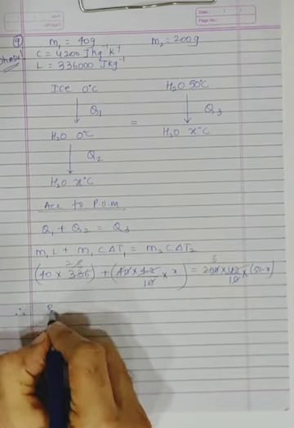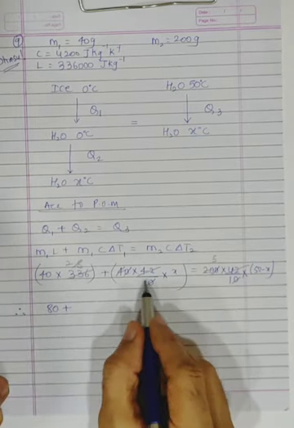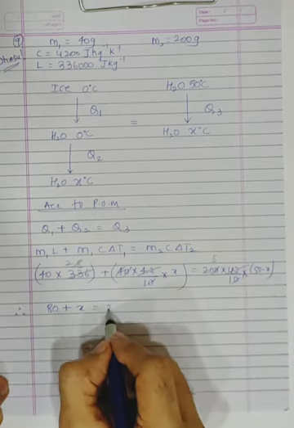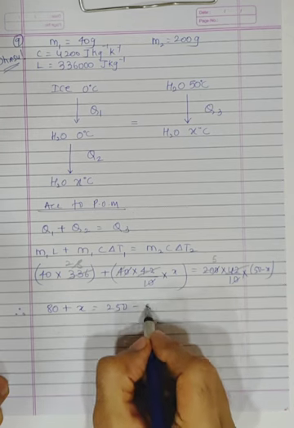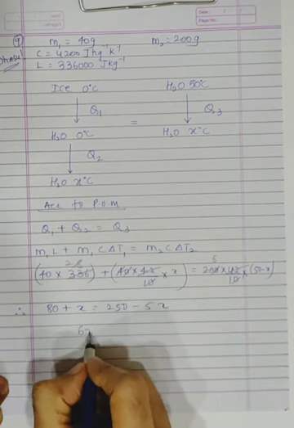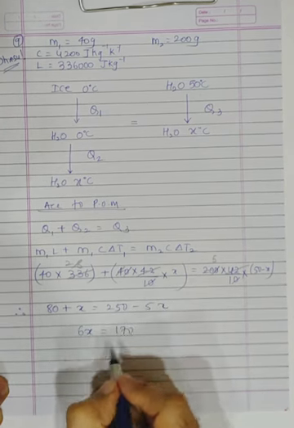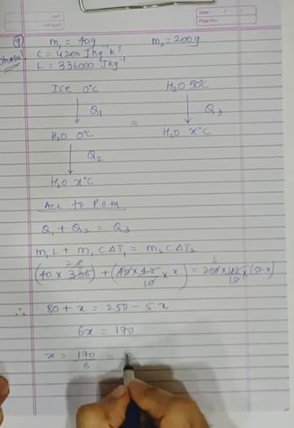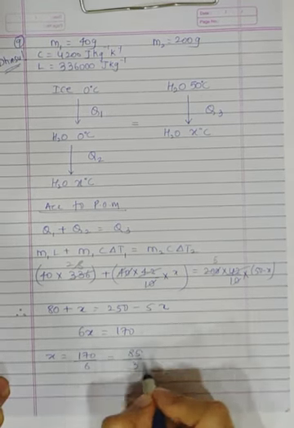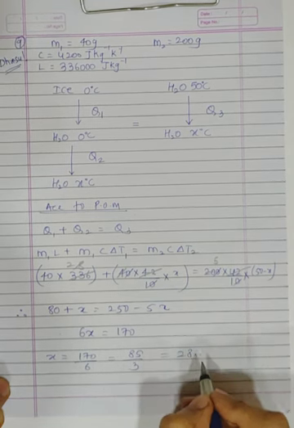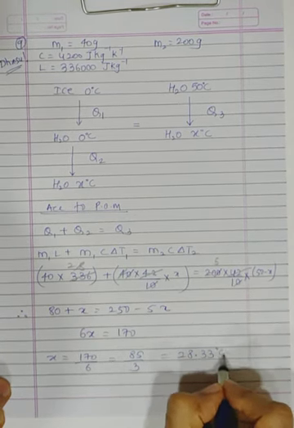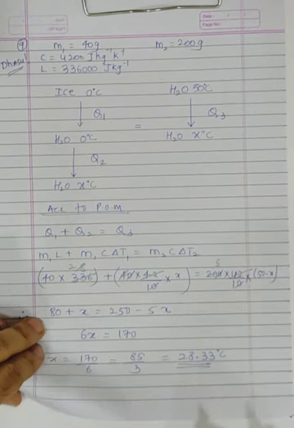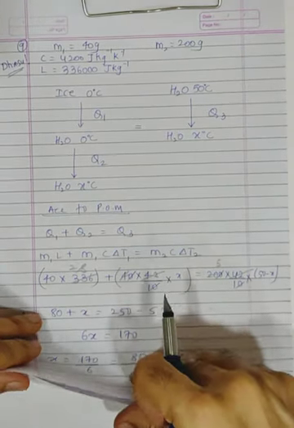So what will you get here? 80. Nothing is left here. So plus X. 5 into 50, 250 minus 5x. Simplify. 6x is equal to 170. X is equal to 170 upon 6. That's 85 upon 3, which is 28.33333, rounded off it will remain 28.33 only. So that's the sum number 9.